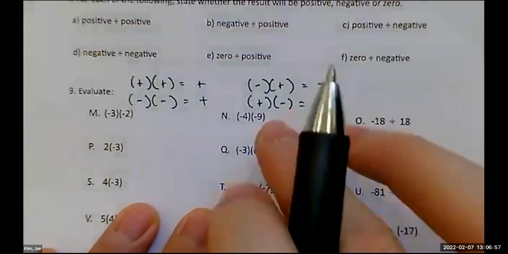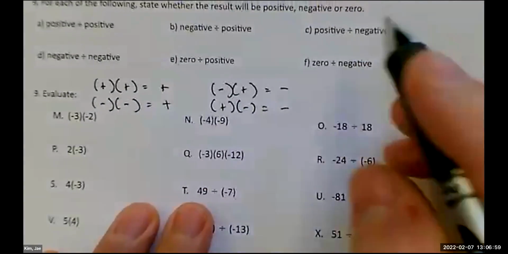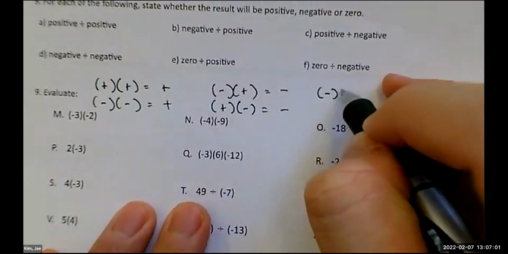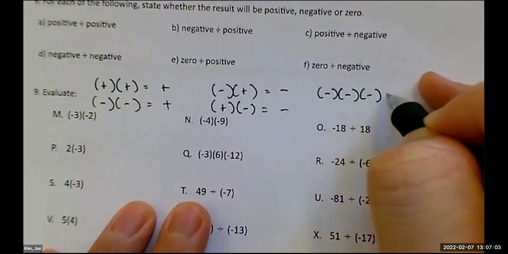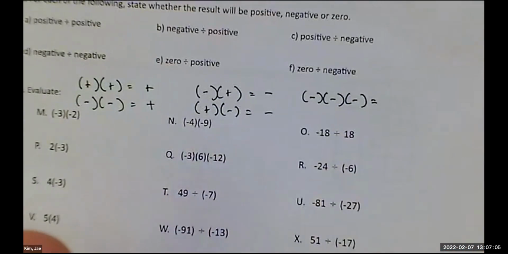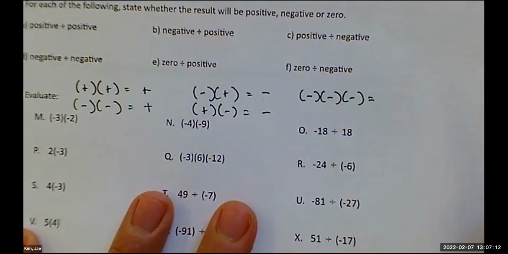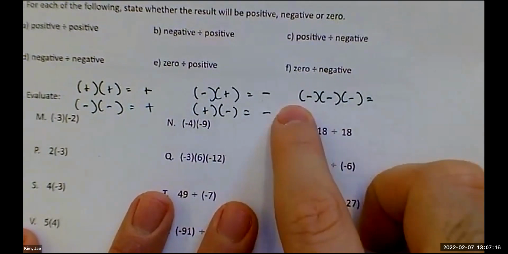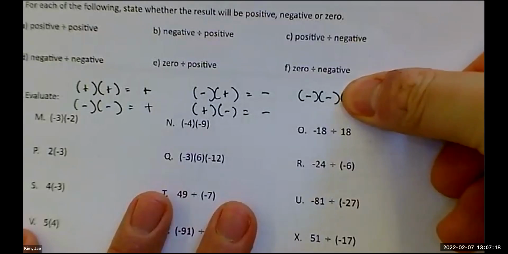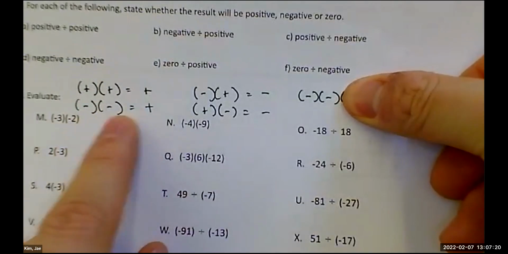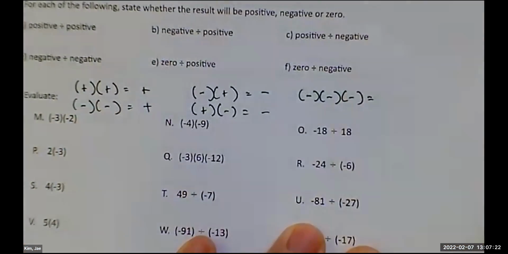So I'm going to take what you know and extend it. What if you had a negative multiplied by a negative multiplied by a negative? Yes. Right. So moving left to right, negative times a negative, you already know is a positive number.